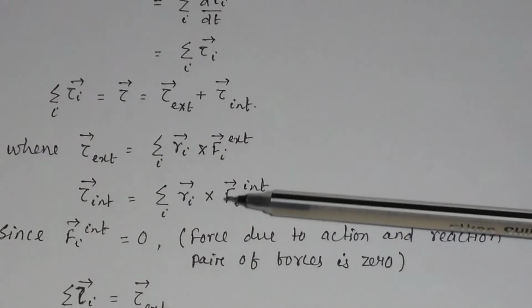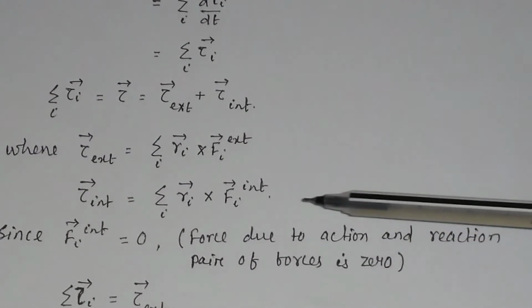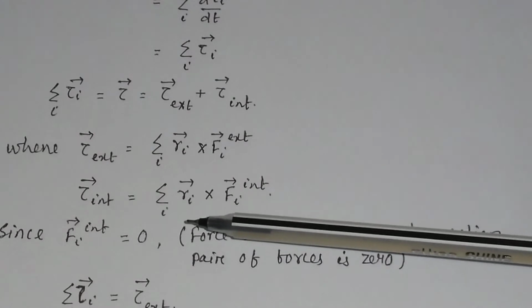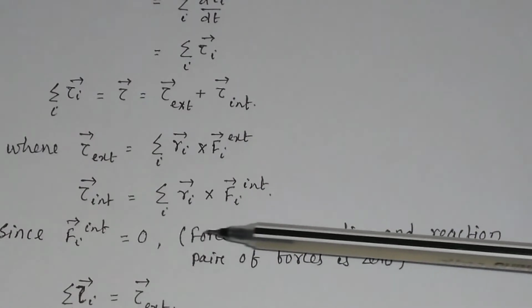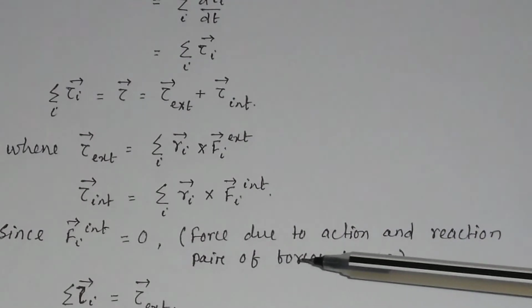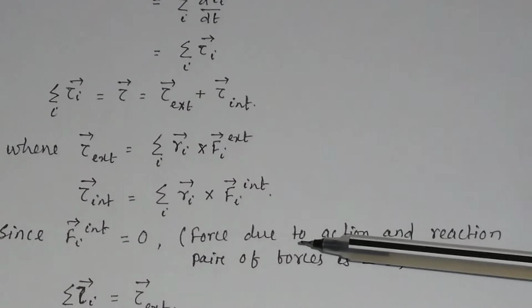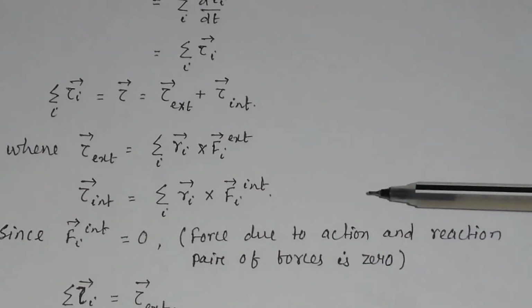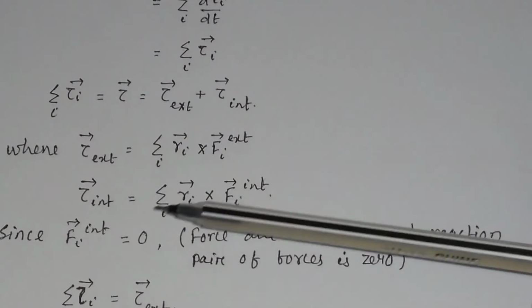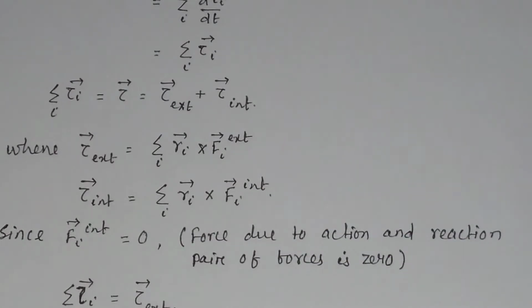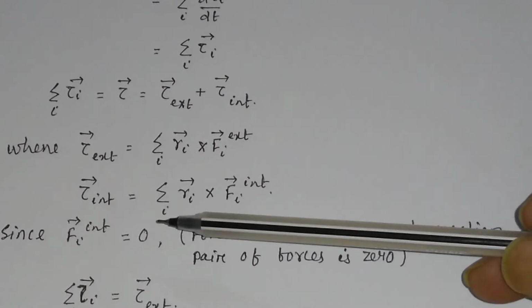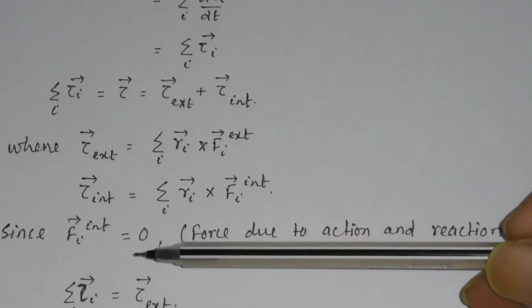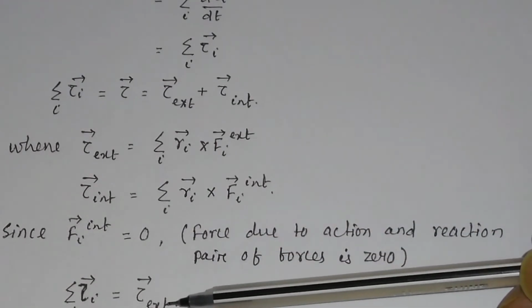We have discussed it in the previous video, that is the internal force due to the molecules or atoms, since it acts in pairs. So applying Newton's third law, this will be equal to 0. So the total torque will be equal to the torque due to the external force.